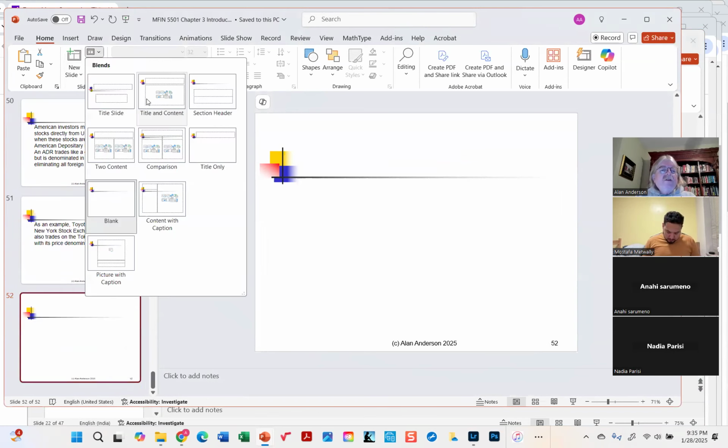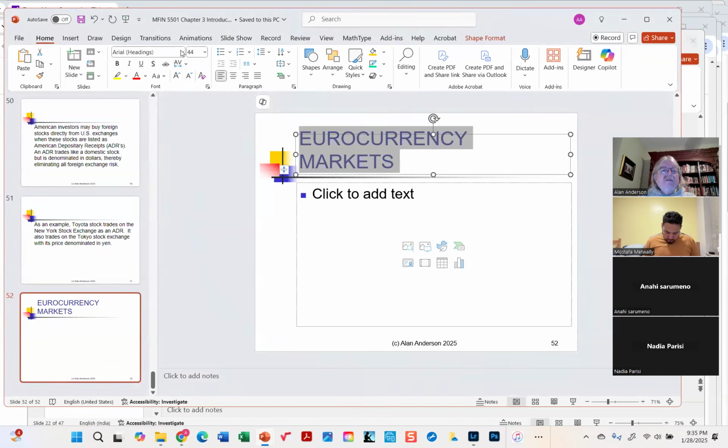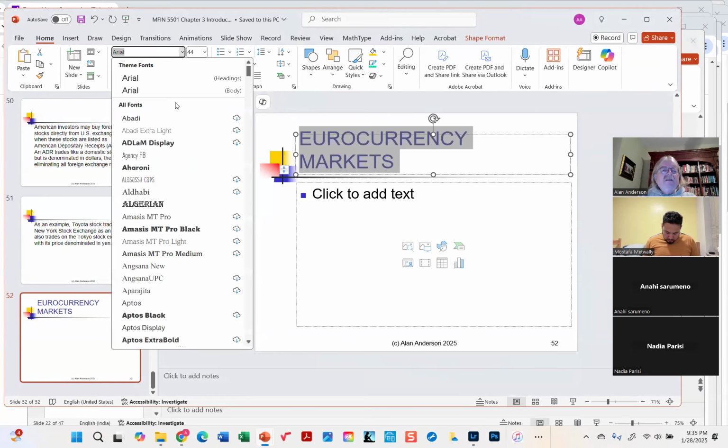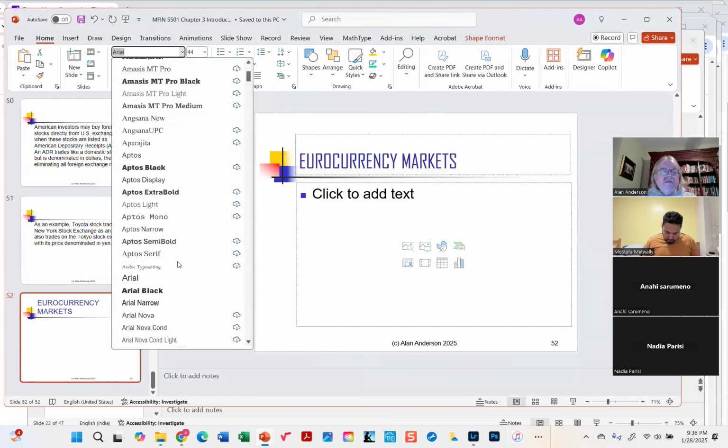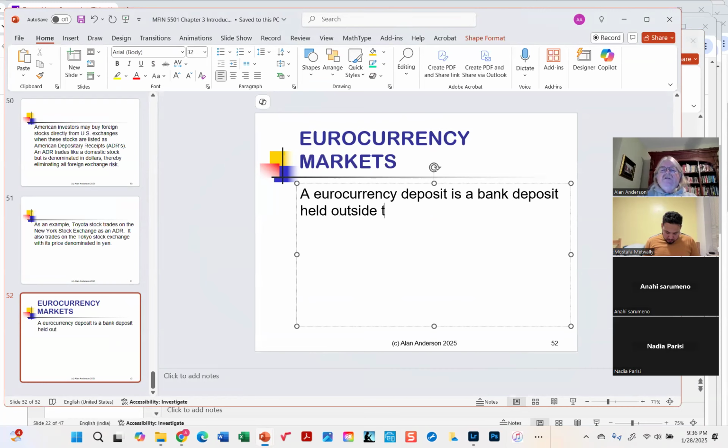We have what are called the Euro currency markets. And what's happening here is that a Euro currency is a bank deposit held outside the country of origin.